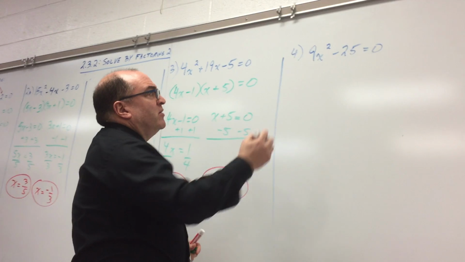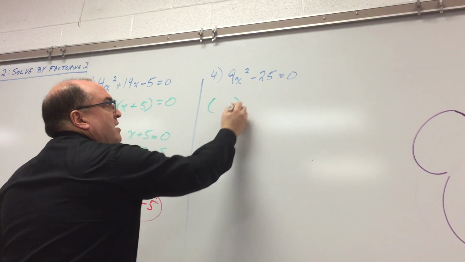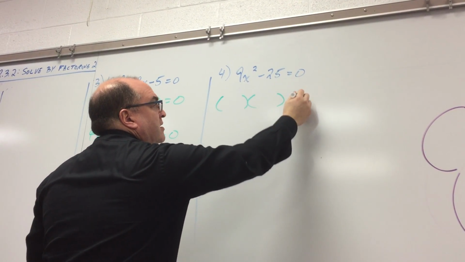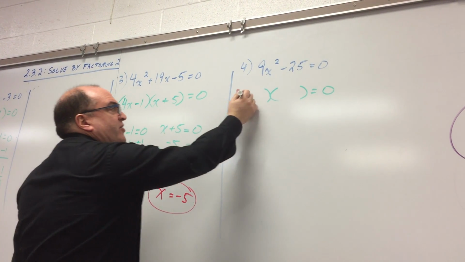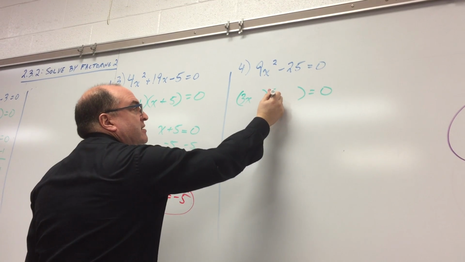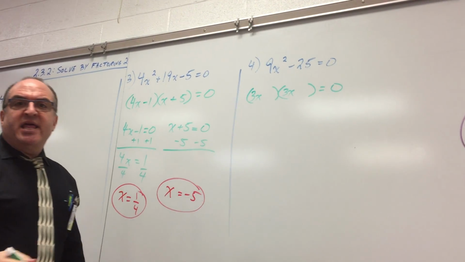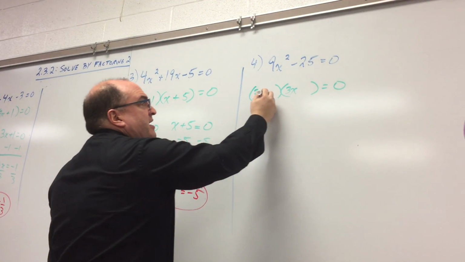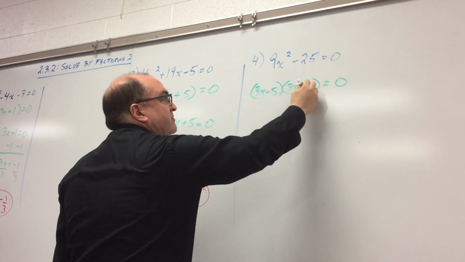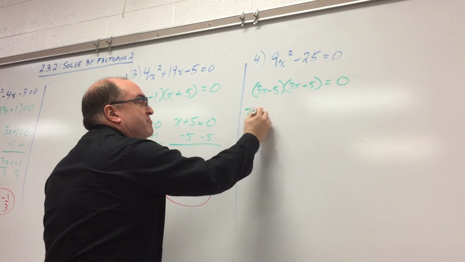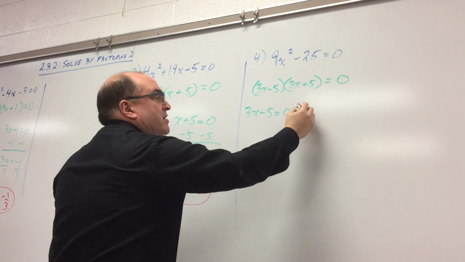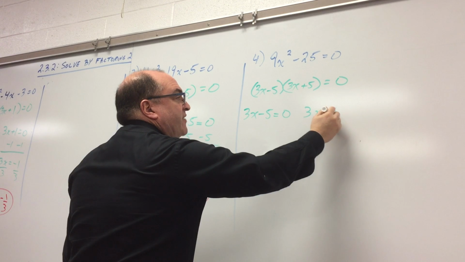One more. How about one like this? Difference of squares. What times what makes 9? Gotta be 3x times 3x. What times what makes -25? It's gotta be -5 and 5. Okay, so 3x minus 5 equals 0. 3x plus 5 equals 0.